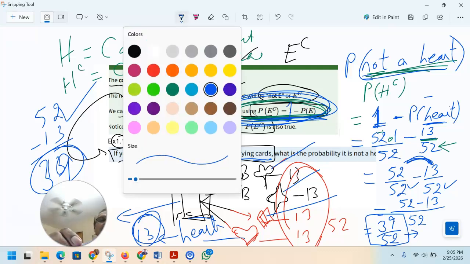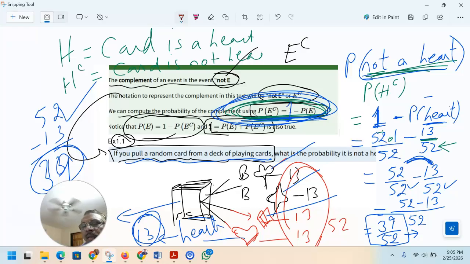Not always can this happen, because this is common sense. You can see there are 13 plus 13 plus 13, 3 of them, that become 39. I'm sorry, I'm making a mistake.